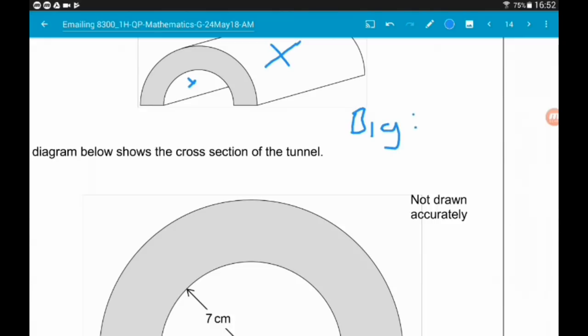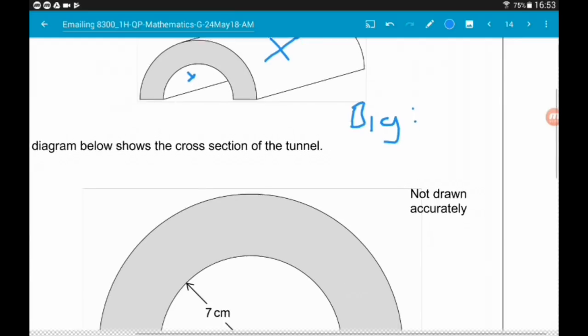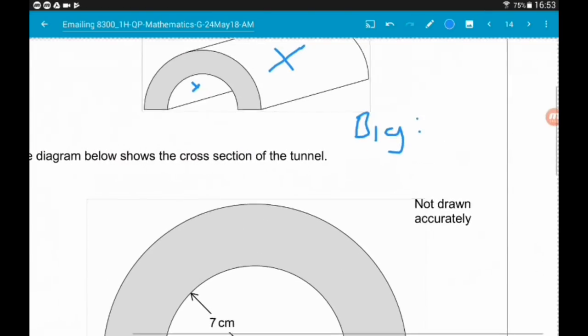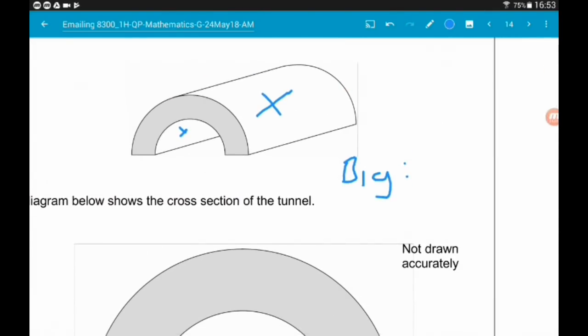Remember, the area of a circle is pi times the radius squared. The radius of the big semicircle is 10. So the area is going to be half times pi times 10 squared.